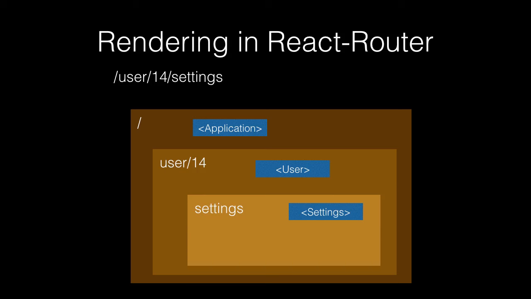And the way that these components have to be written, because of the way React Router works, is that they have to be composable. So application doesn't necessarily need to know that it's going to be fed a user, but it needs to be able to be composable. So it works with props children. And it is the React Router library that puts them together.